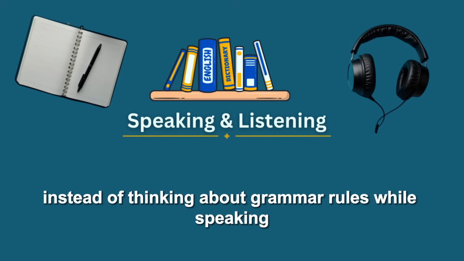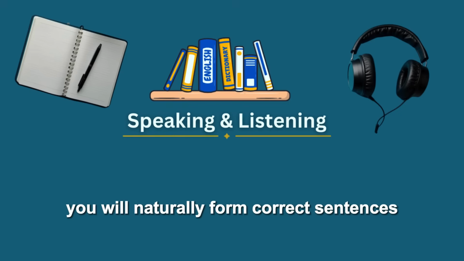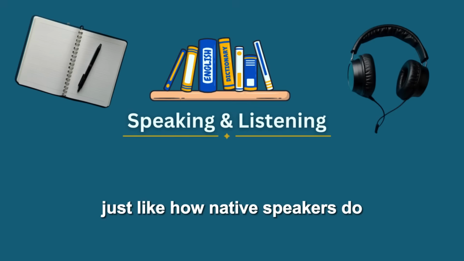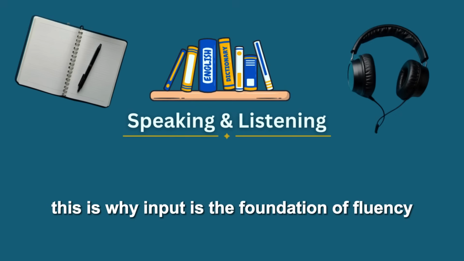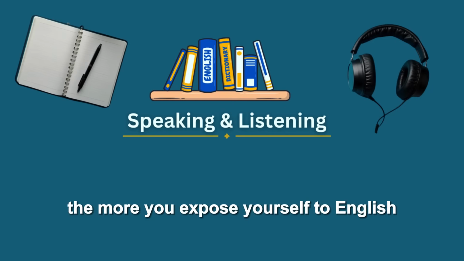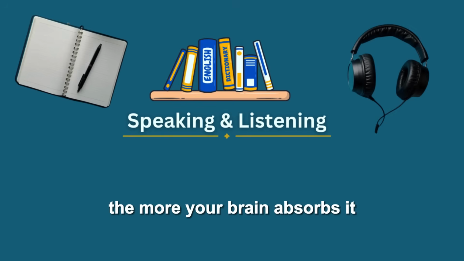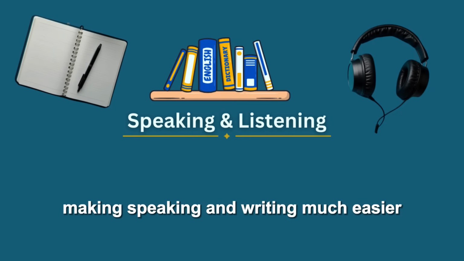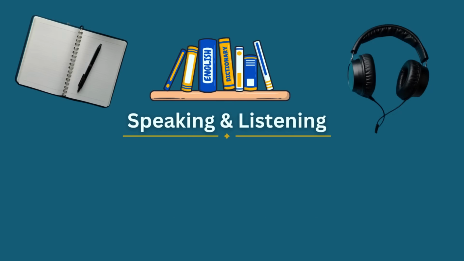Instead of thinking about grammar rules while speaking, you will naturally form correct sentences, just like how native speakers do. This is why input is the foundation of fluency. The more you expose yourself to English, the more your brain absorbs it, making speaking and writing much easier.